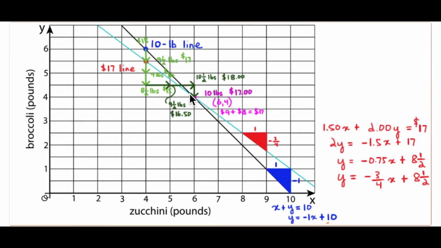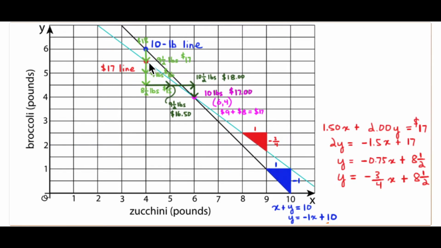But before we do, notice the change as you move down each of these lines at the same time. So a trade of 1 pound of zucchini. I'm going to add a pound of zucchini, and subtract a pound of broccoli to stay on this 10-pound line.